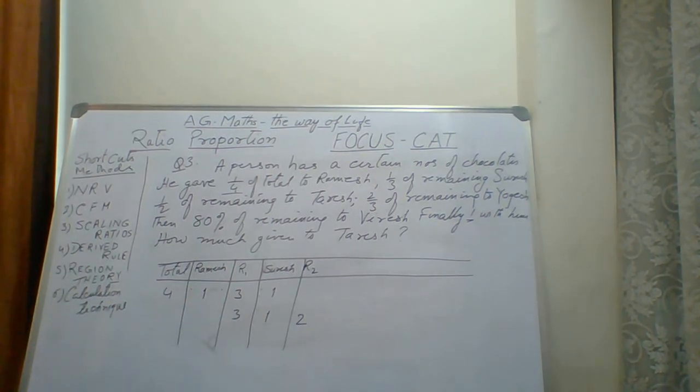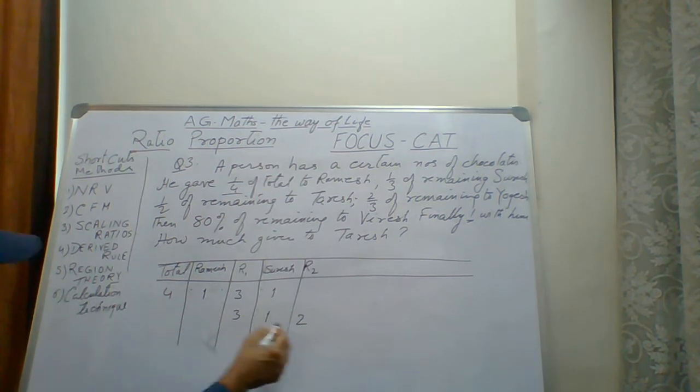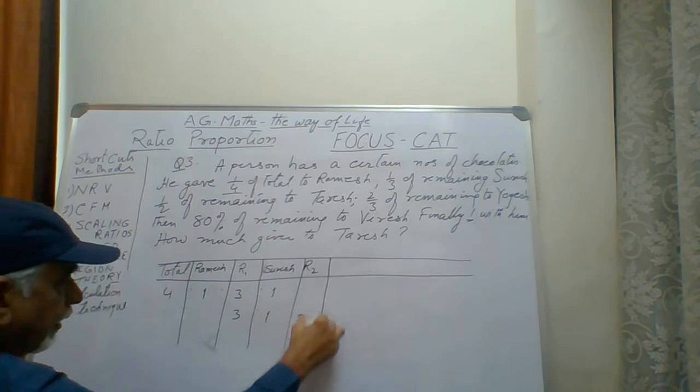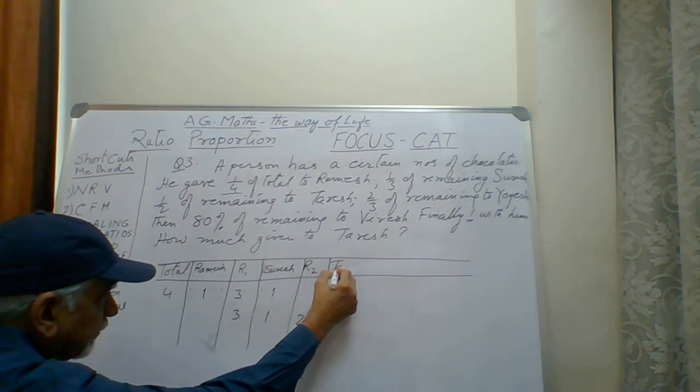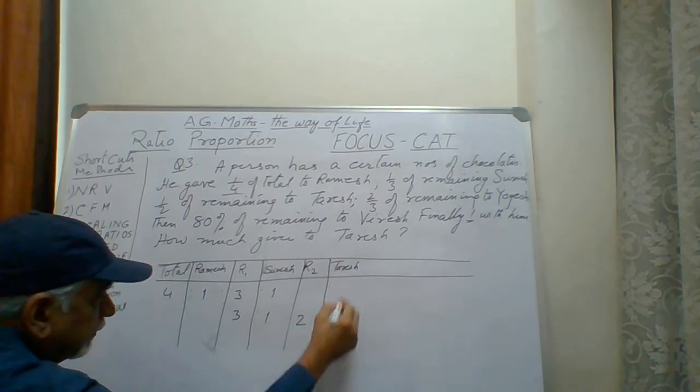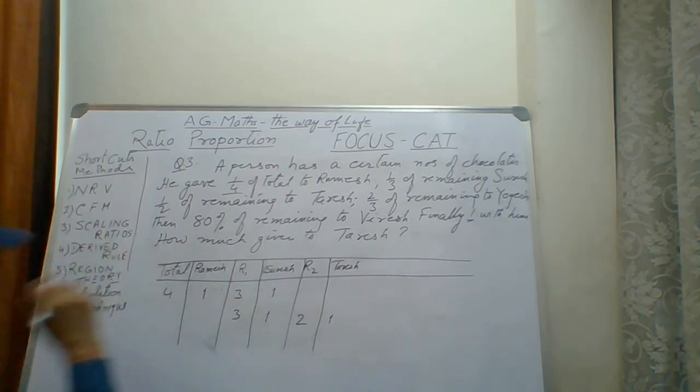Now after Suresh, he gave half of the remaining to Taresh. Remaining is 2, so half I can easily do for Taresh, and Taresh will get 1 out of it. Very good.